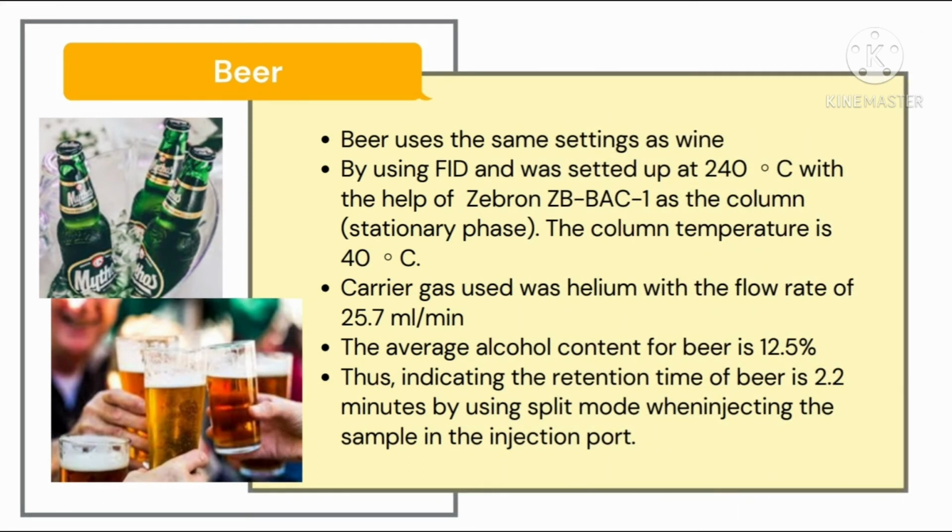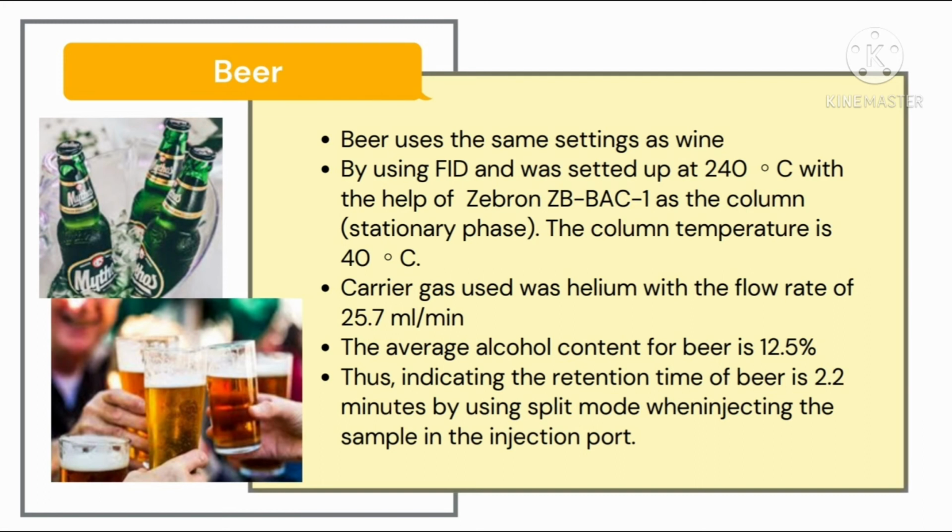Next is beer. Beer uses the same settings as wine, using FID set at 240 degrees C, with Zebron ZB-BAC1 as the column or stationary phase. The column temperature is 40 degrees C, which means it also uses an isothermal run.